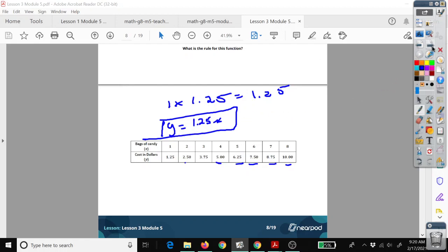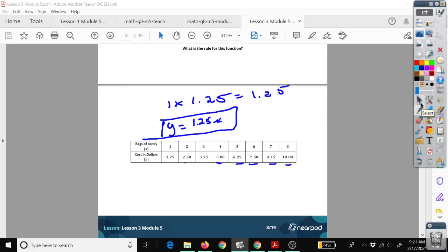Now we have created a rule for this table, and now we know it's a function because the rules of multiplication say if I put a number in for x and multiply by $1.25, I always get the same answer when I put in the same x, because multiplication is a function.